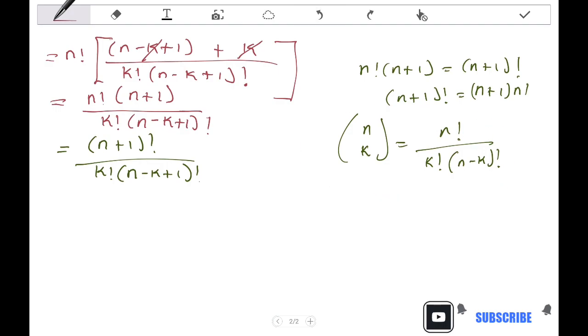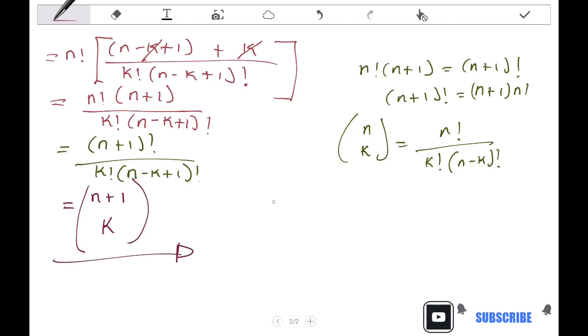Now we're here, and we have to take this back to the original. Our n is n plus 1 in this case, so it's n plus 1, then choose k. K is the same here, still k.